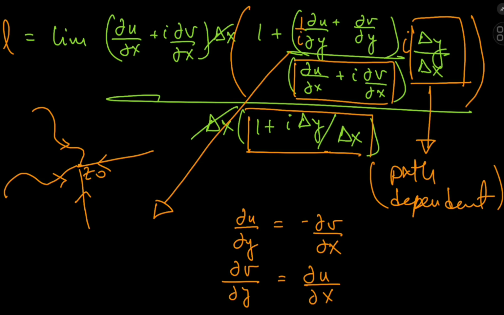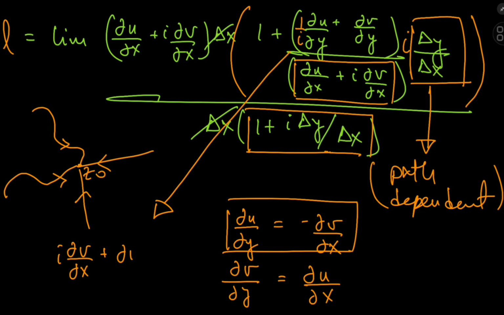We have a 1 by I term, that is a negative I, times this partial u by partial y, so the two negatives cancel out quite nicely. We have partial v by partial x, plus partial u by partial x, which is exactly what we needed, because this is exactly what's in the denominator.